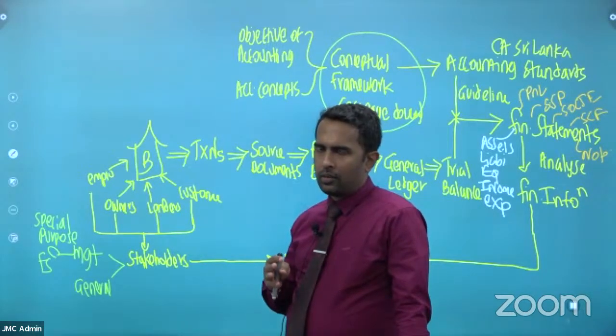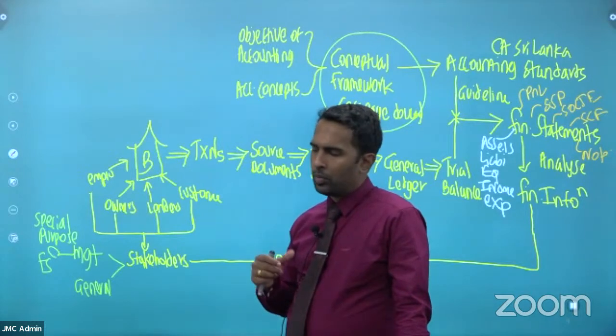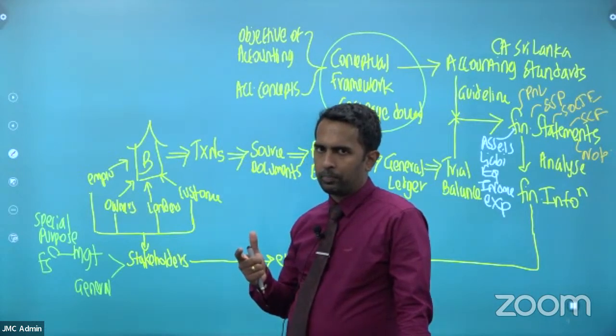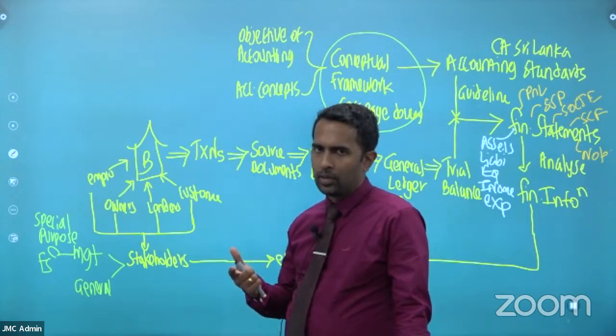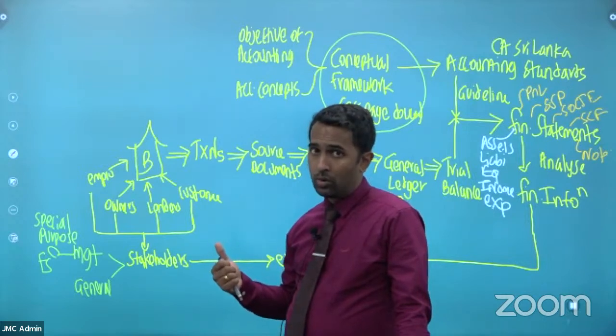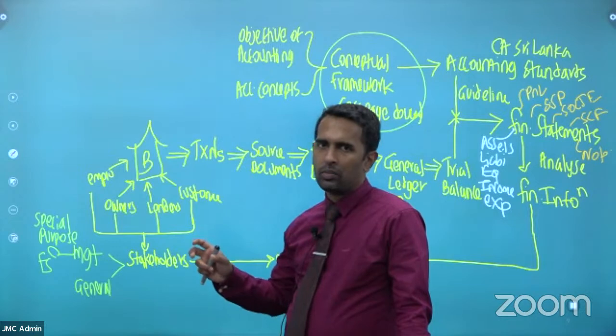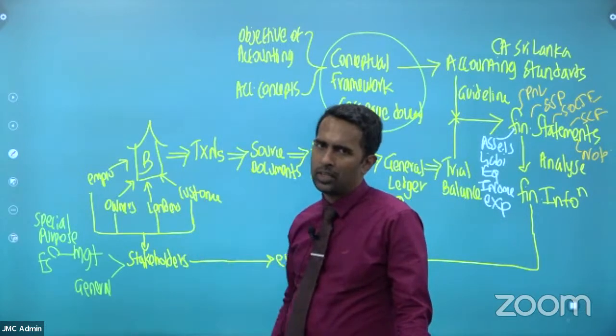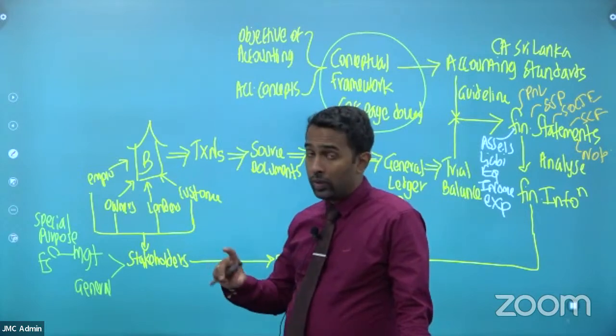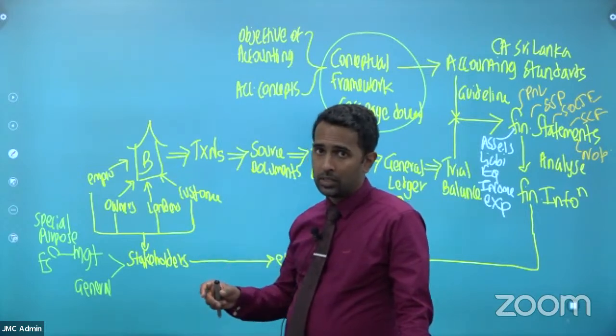In a sole proprietorship, the owner and the manager are the same. In a partnership, the owner and the management are the same, but not in a company. In a company, the owners are shareholders and the managers are representatives of those shareholders, who may not be the exact shareholders. There can be some outsiders as well.